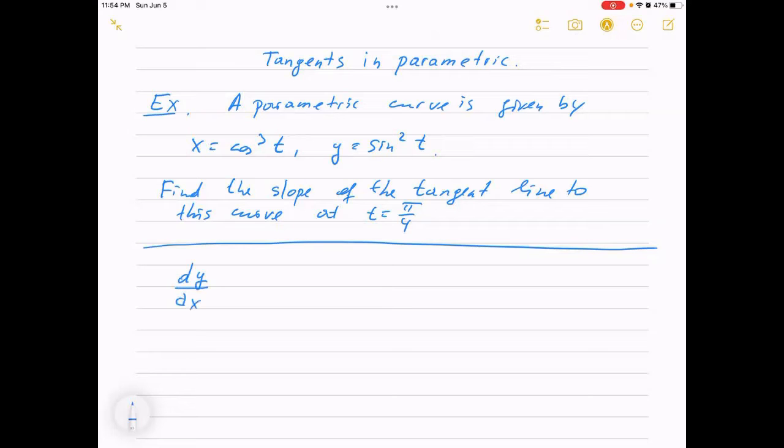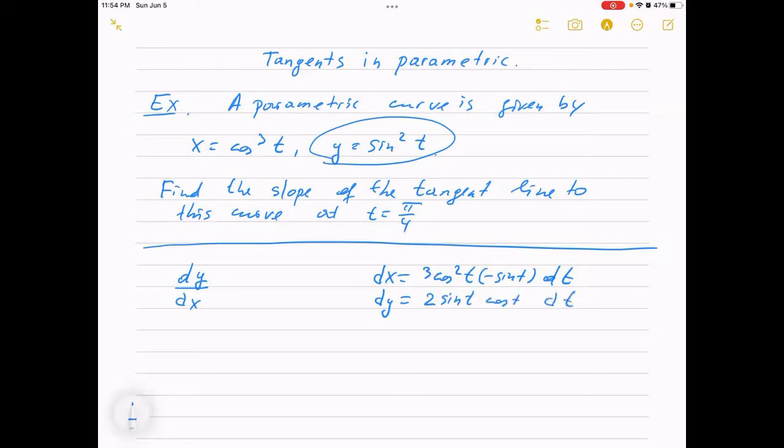To define dy/dx, we need to figure out what dy is and what dx is. dx is straightforward to find: it's the derivative of x, which in our case is 3 cosine squared t times negative sine t dt. dy is also straightforward because we know what y is. So dy will be the derivative of y, dt. The derivative of sine squared is 2 sine t cosine t dt.